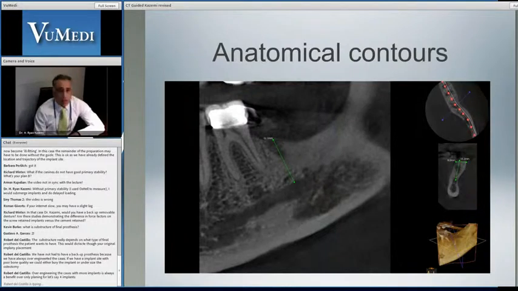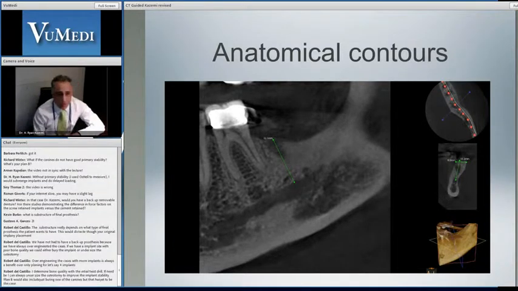Diagnostically speaking, we also have various anatomical anomalies that, if we don't know about them or do not address them, can become quite problematic. So here's a patient that was treatment planned for implant number 18. It seems to have quite adequate vertical height of bone as well as width.